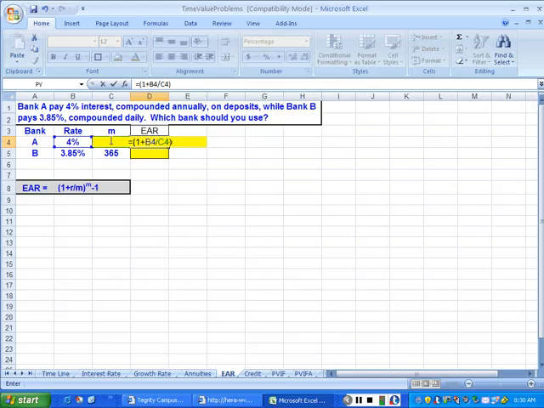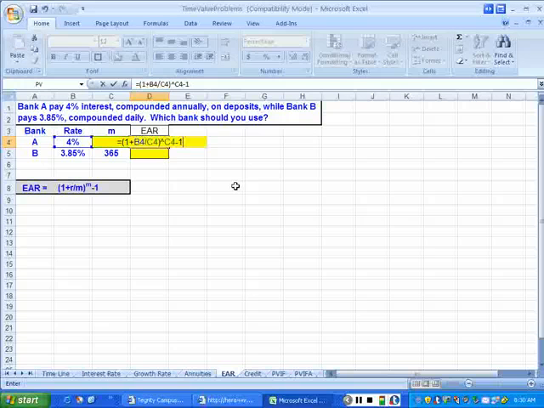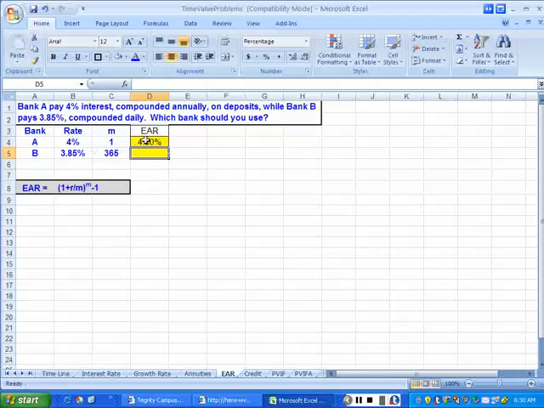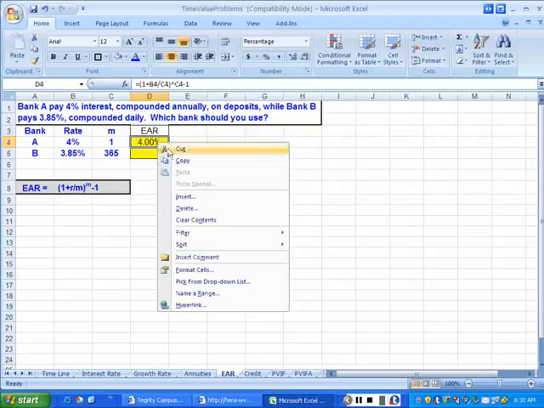We'll close the parentheses, and then we're going to raise this to the power of small m, which appears here in cell C4, and then we're going to subtract 1. Now, by the order of operations, it's doing exactly what we've described down here. It'll take it to that power before it goes through the subtraction of 1. And again, as we said, we would get a 4% rate.